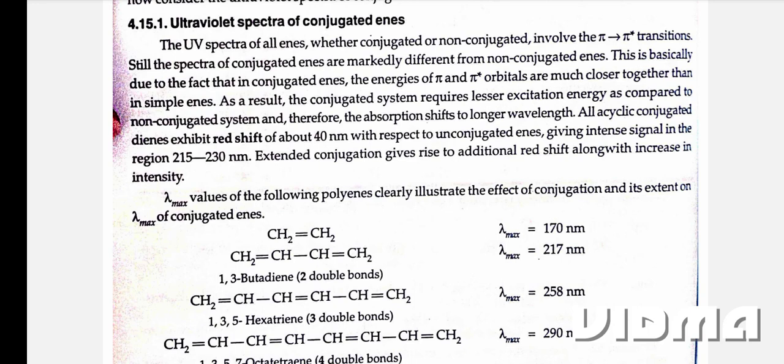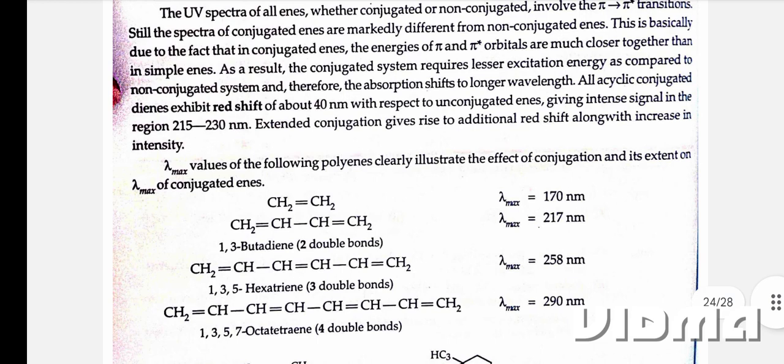As a result, the conjugated system requires lesser excitation energy as compared to non-conjugated system, and therefore the absorption shifts to longer wavelength. All acyclic conjugated dienes exhibit a redshift of about 40 nanometer with respect to unconjugated enes, giving intense signal in the region 215 to 230 nanometer. Extending conjugation gives rise to additional redshift along with increase in intensity.